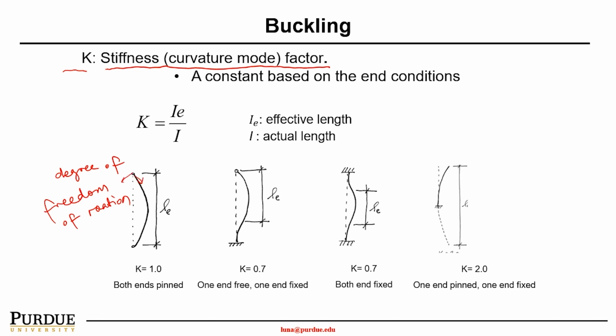So if both ends are pinned, K equals 1.0, and the range goes all the way to, if one end is pinned and one end is fixed, K equals 2.0. It depends on how the ends are fixed, so we have different K values. That's something I would like to point out.